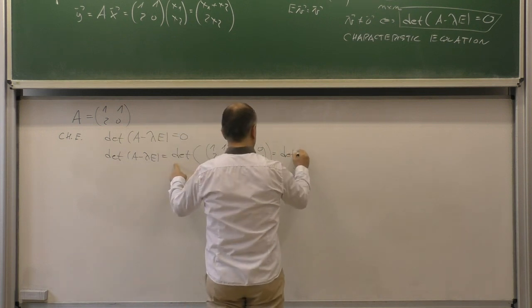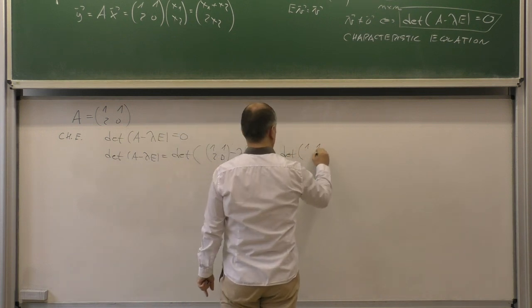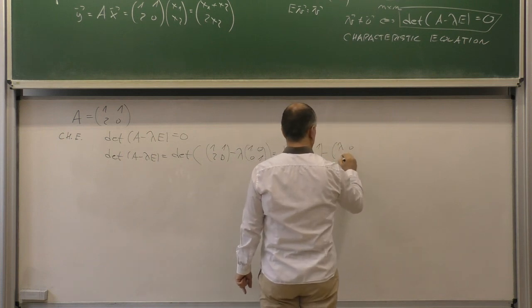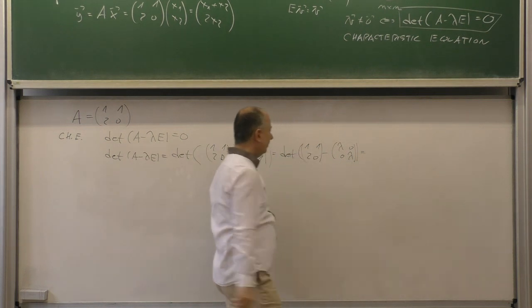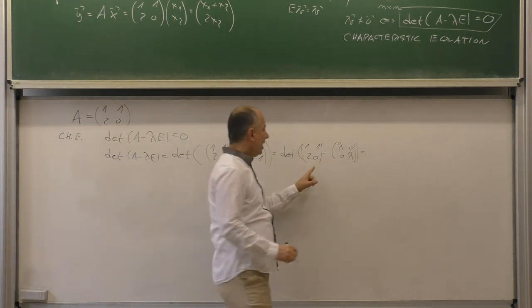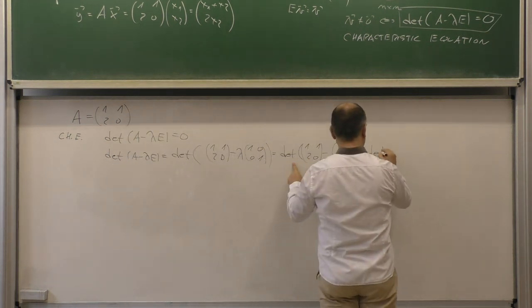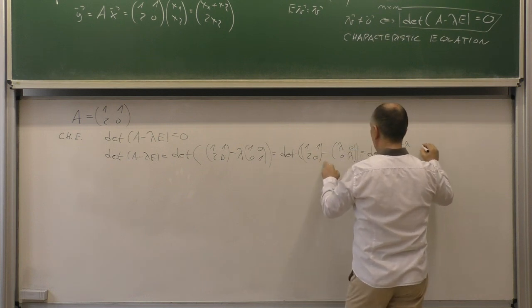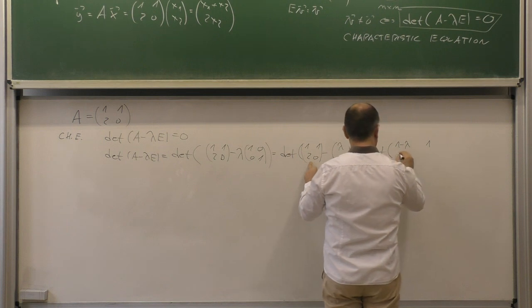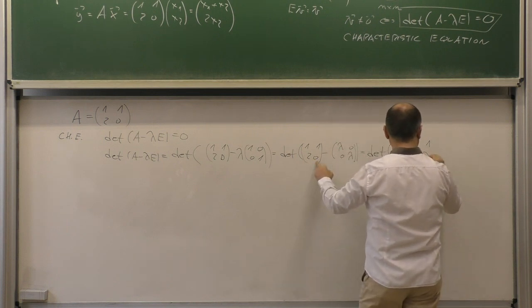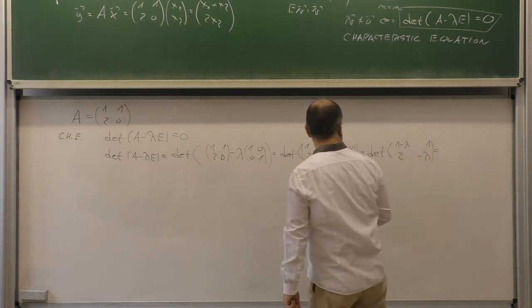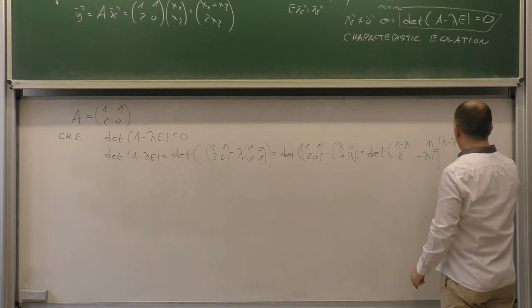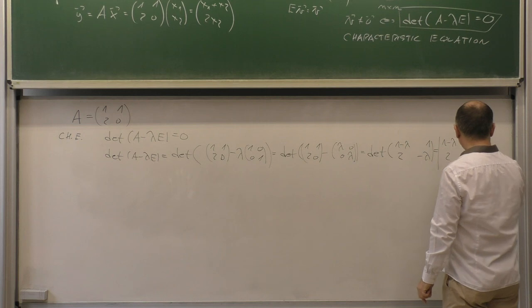So this is 1, 1, 2, 0 minus lambda 0, 0, lambda. And when we subtract these two matrices, we have 1 minus lambda, 1 minus 0, 2 minus 0, and 0 minus lambda. And this can be written just by vertical bars: 1 minus lambda, 1, 2, minus lambda.